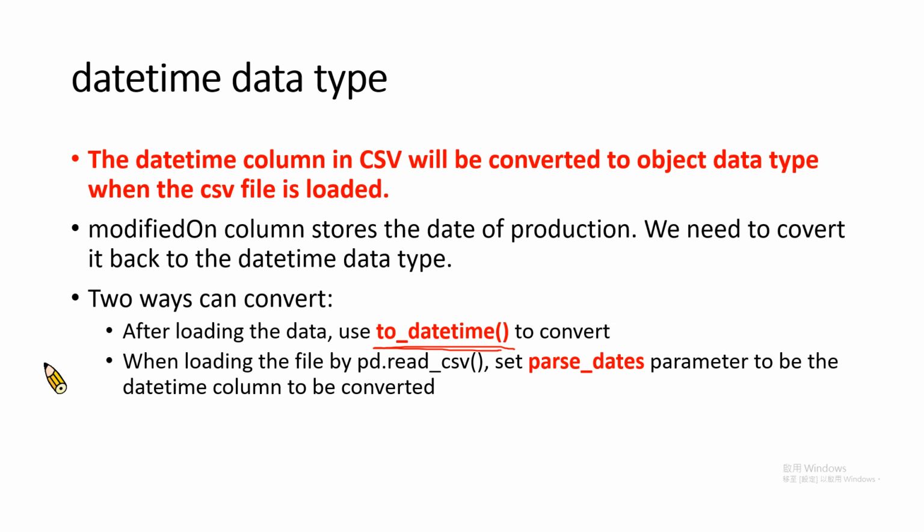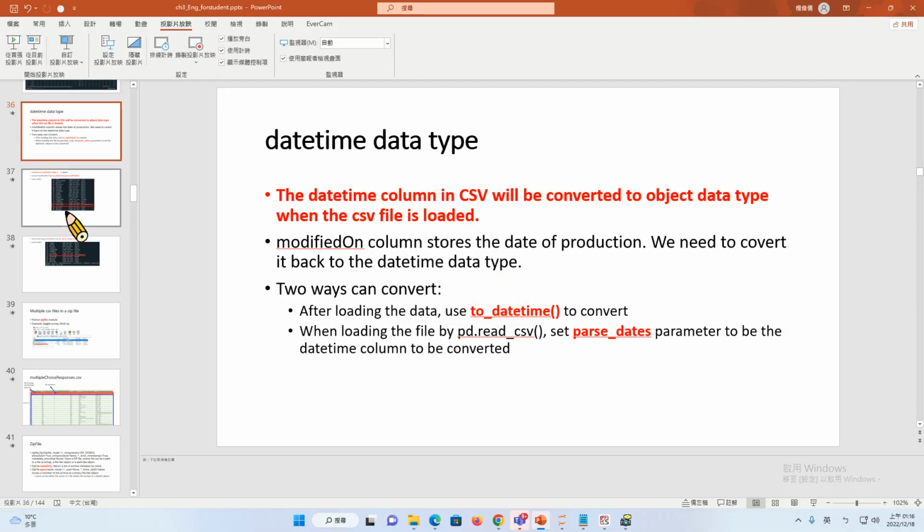Second is that when we load the file into the data frame, we also use the parse_dates option or parameter in read_csv. We just do it simultaneously. So let's see how they are done.